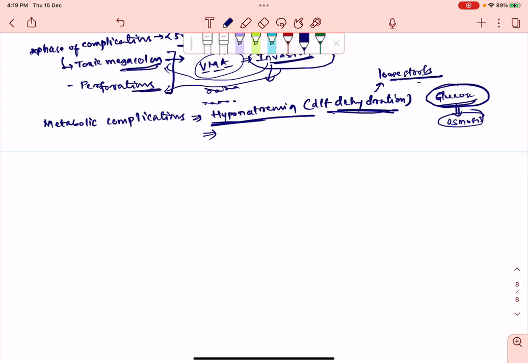Sodium and water are always related. But when there is severe dehydration, even osmotic agents like glucose are lost. This causes hypoglycemia.